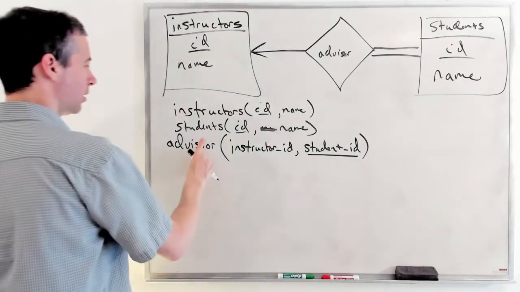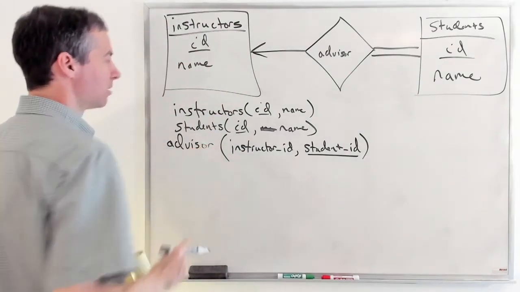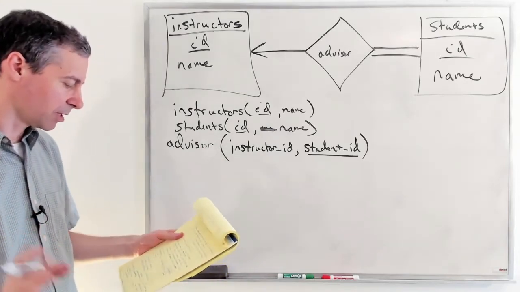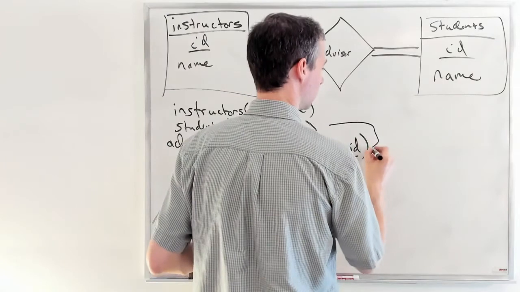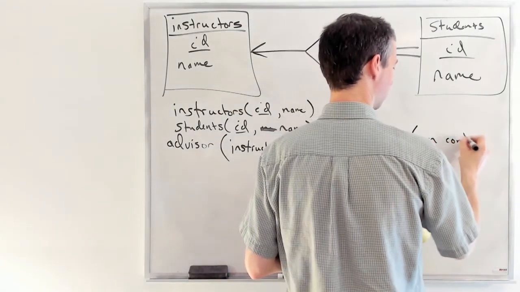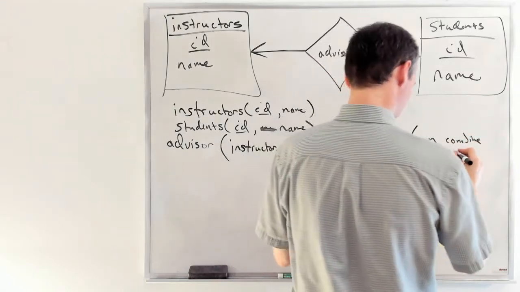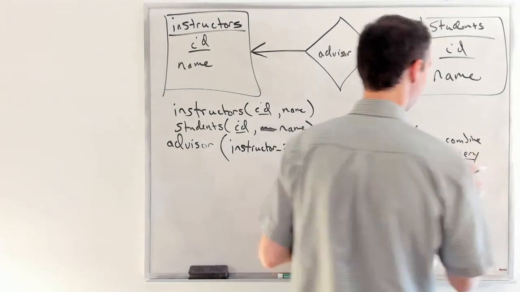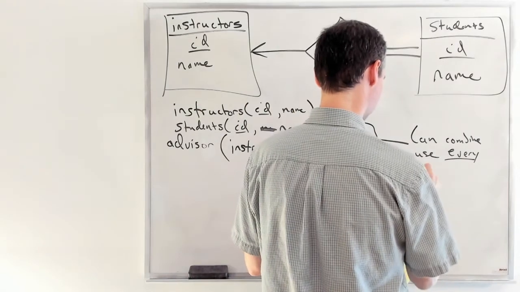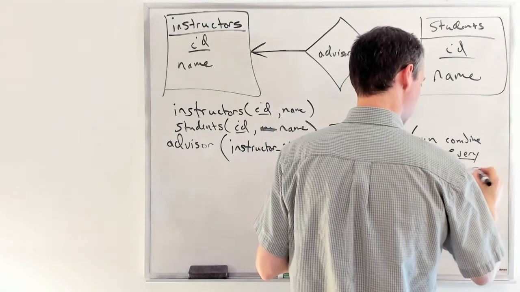All right, so with this set up, next we say, oh yeah, we're supposed to be able to combine this. And why is that? Well, we can combine these two because of total participation: every student has a single advisor.